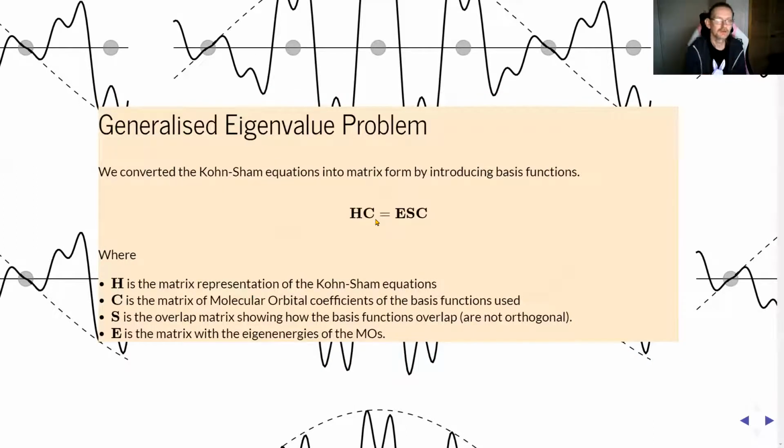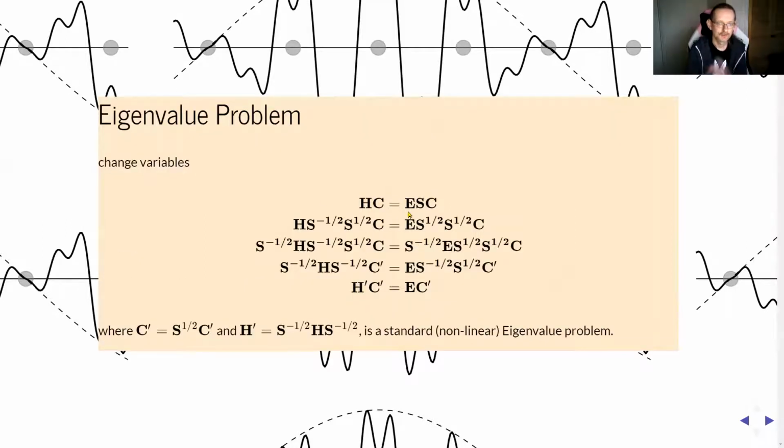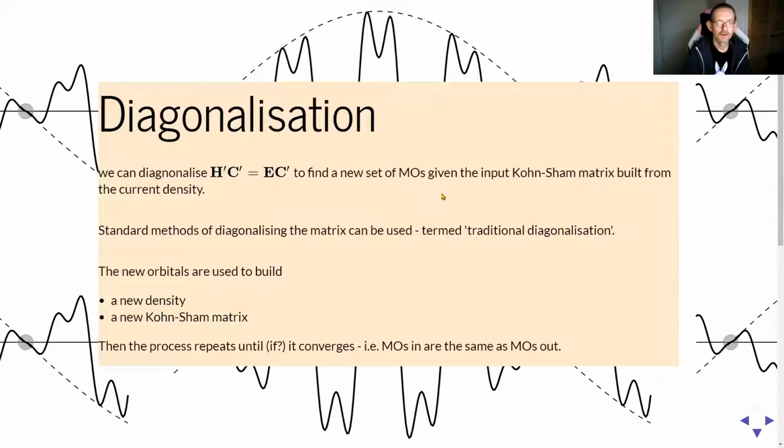So we're solving the Kohn-Sham problem, we're looking for eigenvalues and vectors of this generalized eigenvalue problem, and the standard solution of that is to convert to an orthogonalized basis with the square root of the overlap matrix, and use that, and then a standard eigenvalue solver.